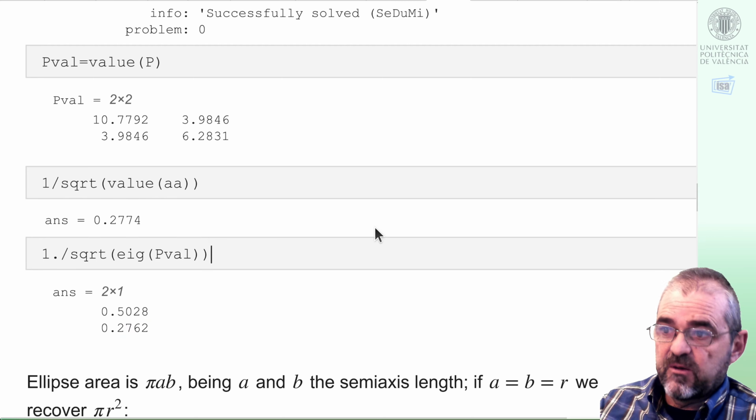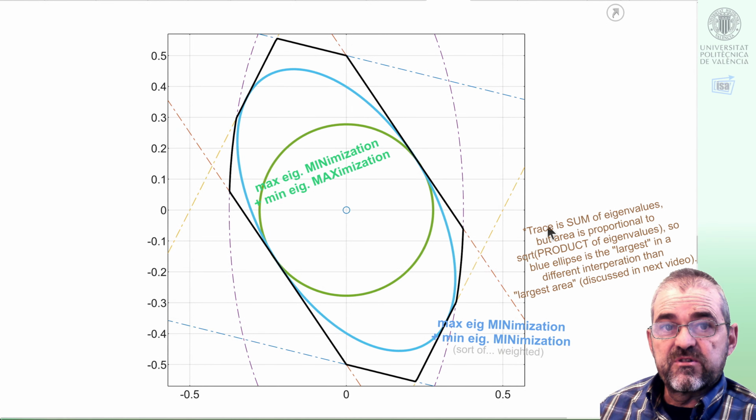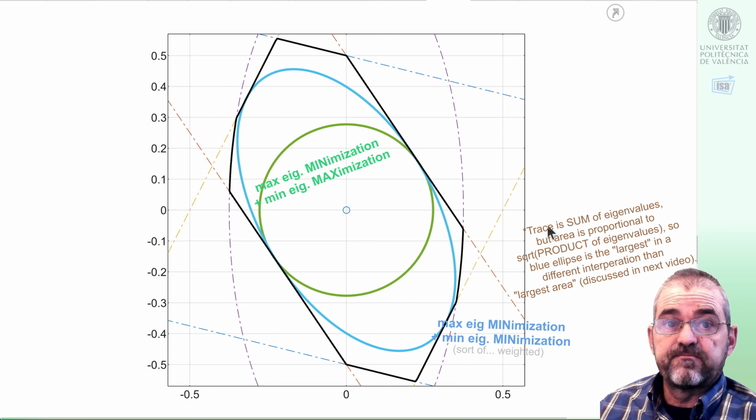But as this second problem of making the ellipse large by minimizing the trace is kind of strange, we'll defer to a second video actually maximizing the area of the ellipse with some extra manipulations.